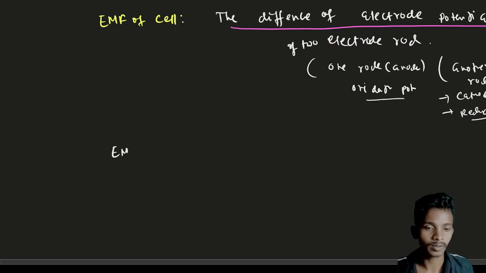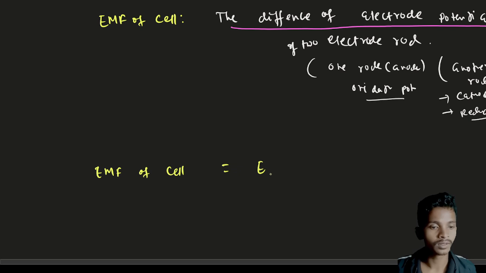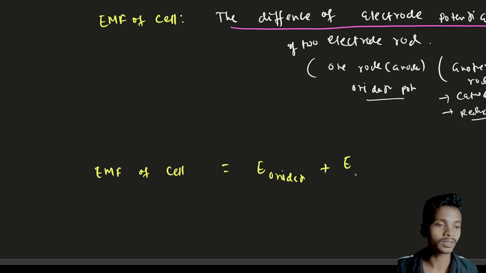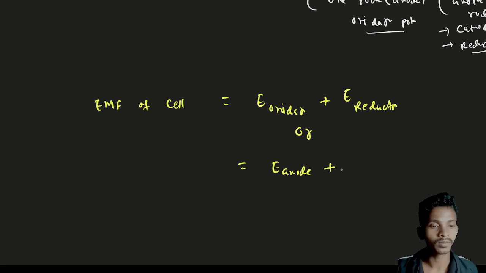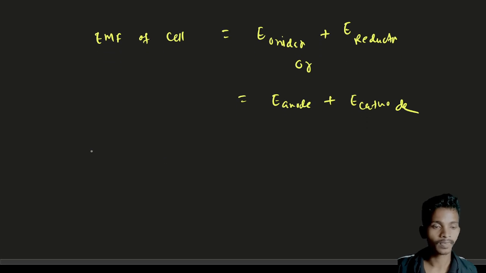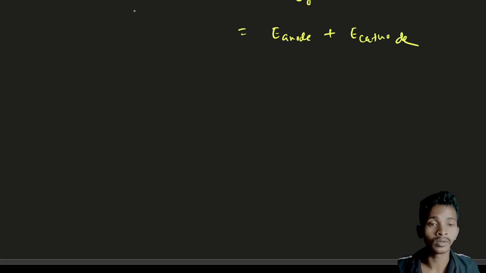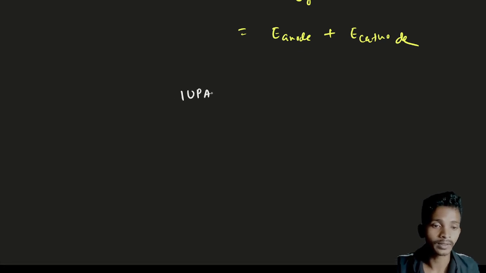So what I said is that EMF of cell is equal to the electrode potential of oxidation plus the electrode potential of reduction. This I can also write as E of anode plus E of cathode. Now we have to discuss a little bit about IUPAC nomenclature.